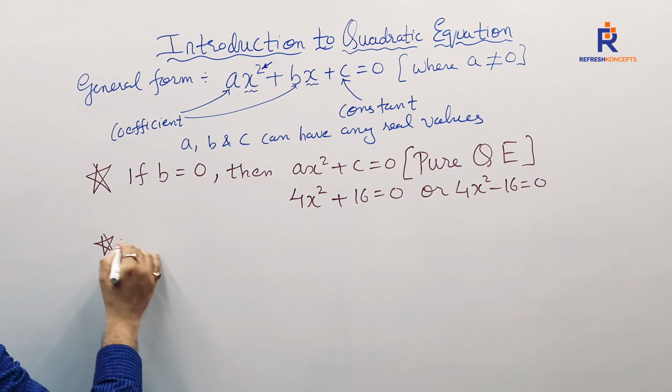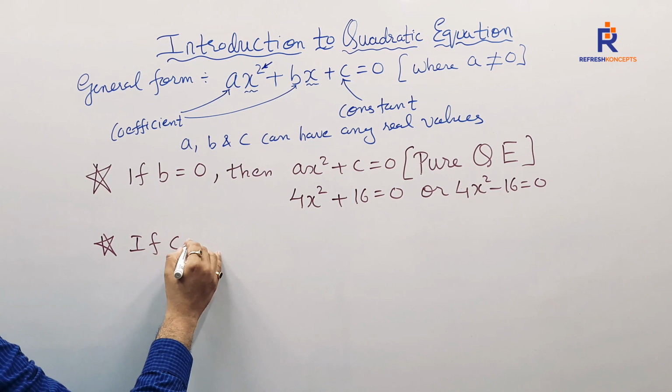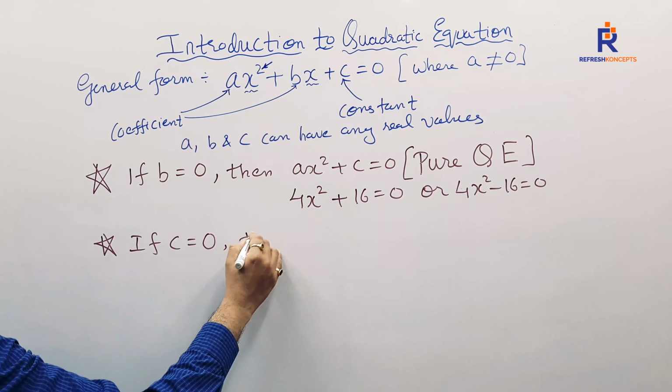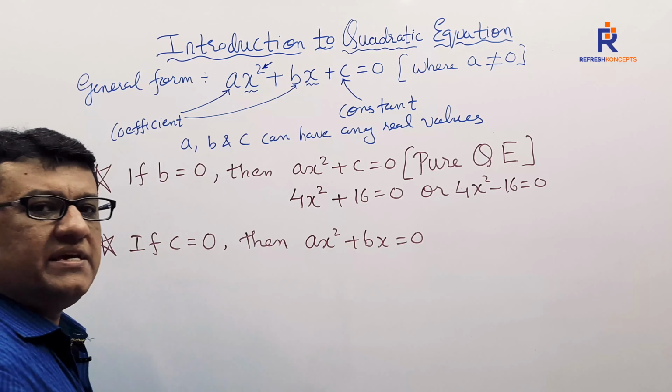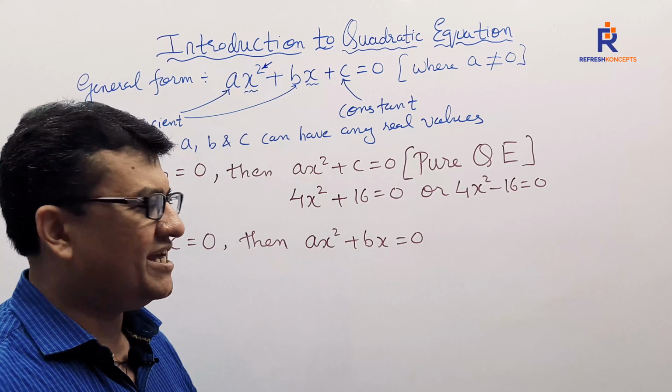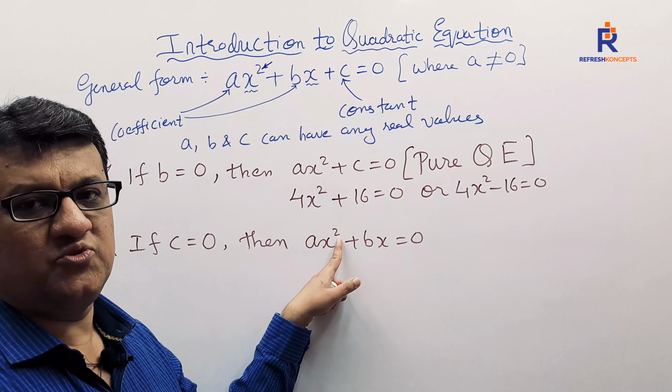Finally, what if, sir, c happens to be 0? Children, if c happens to be 0, this term is going to be 0. What am I left with? I'm left with ax square plus bx equals to 0. Still it's a quadratic equation. Why? The highest degree is 2.